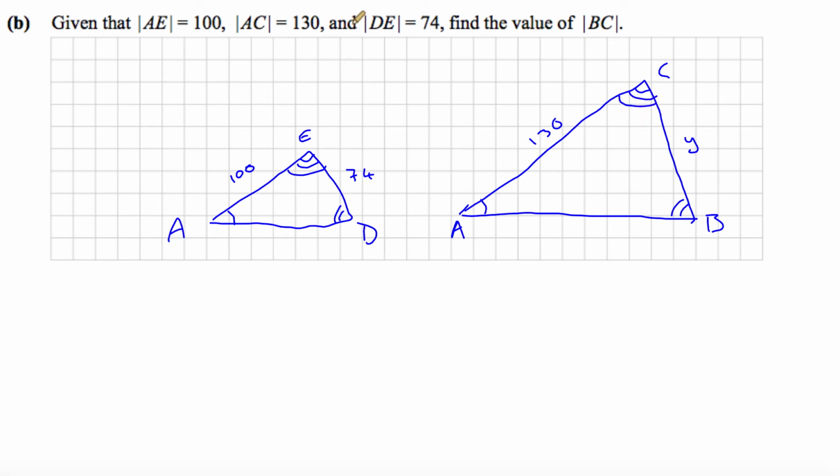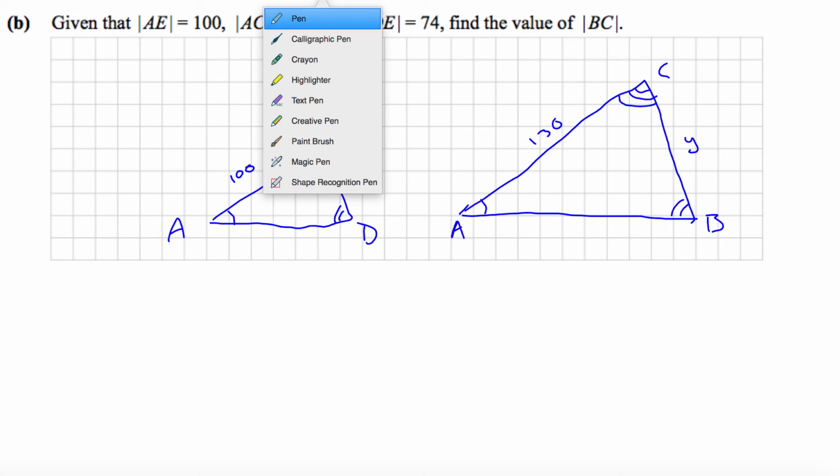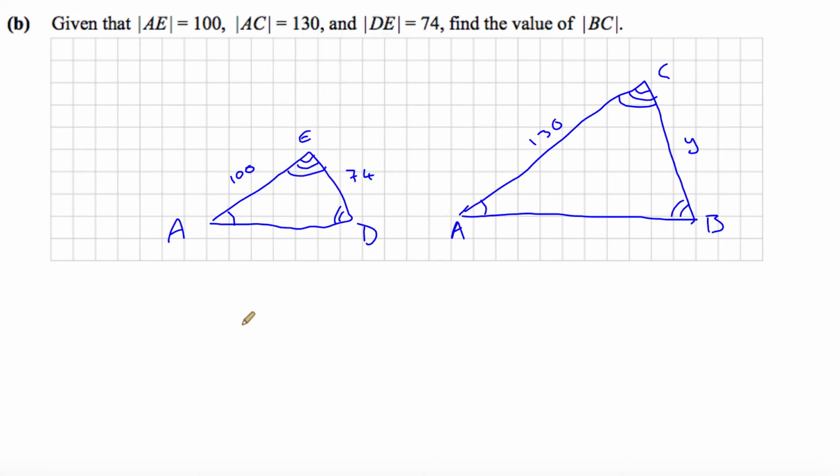Well, I'm then allowed to say that there's a scale factor here. So what I'm allowed to say is that for the corresponding sides, if I divide 130 by its corresponding length on the other triangle, 100, that will be equal to this big side here, y, divided by its corresponding side, DE, which is 74.